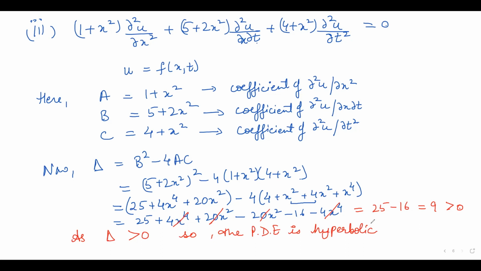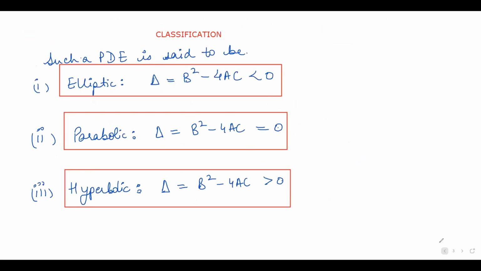So this is what we need to check whenever we have the question: classify the partial differential equation in hyperbolic, parabolic, and elliptic type. And in the next lecture, I'll be talking about the classification when the region is given to us, how we could find out. So this is it in this lecture.